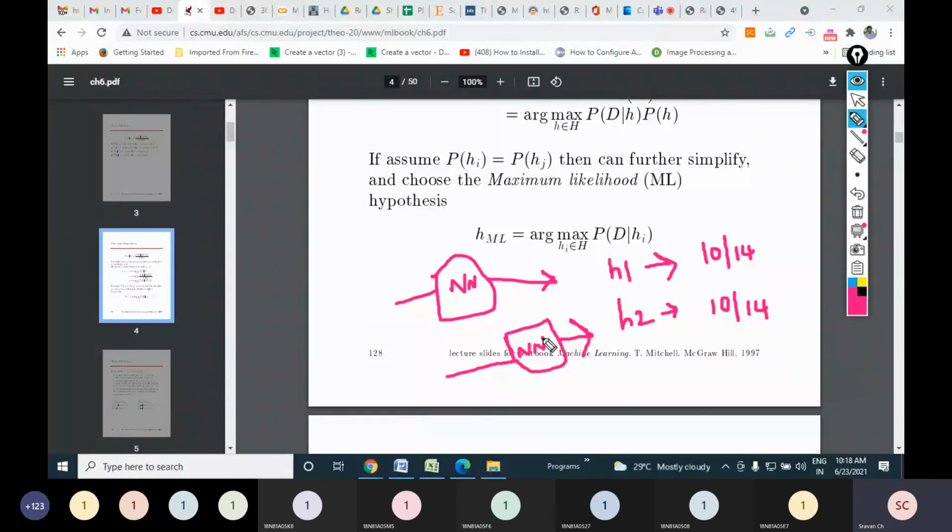Like that, I need to see the complexity of the neural network. When H1 and H2 are offering the same kind of accuracy, then I will go with the hypothesis which is less complex, which will take less time to execute. Got the point? So in neural networks, generally in deep neural networks, instead of going for maximum likelihood, we see the complexity of the neural network.